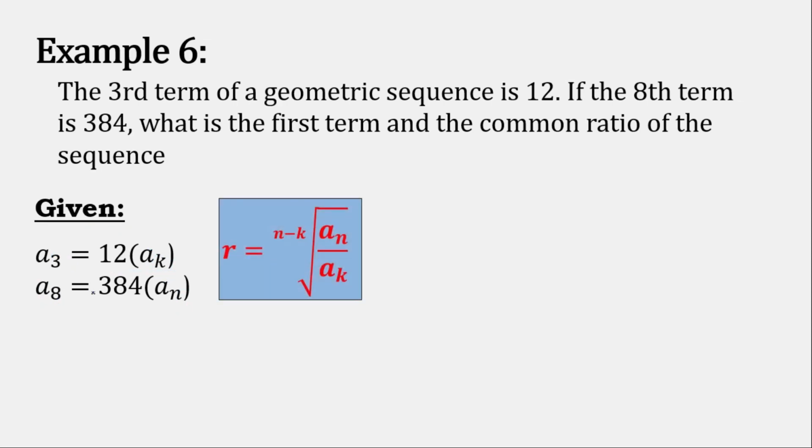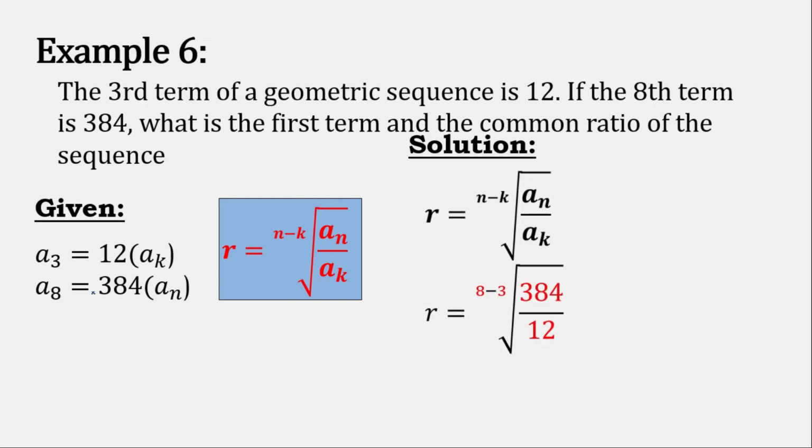This is a formula used to find the common ratio of a geometric sequence wherein any two terms are given except for a sub 1. So let's just substitute it. 8 minus 3 is 5 and 384 divided by 12 is 32. Now what is the fifth root of 32? The fifth root of 32 is 2. So we have 2 as our common ratio.